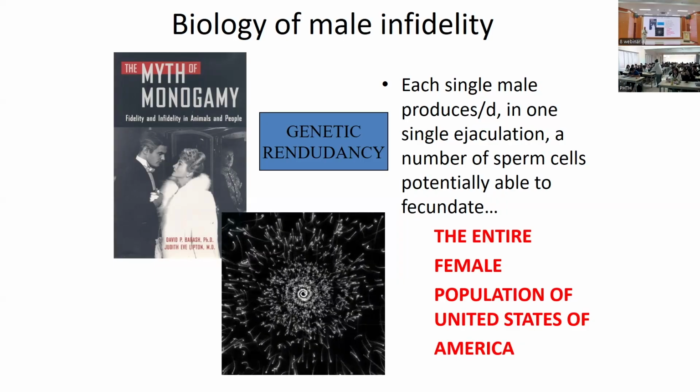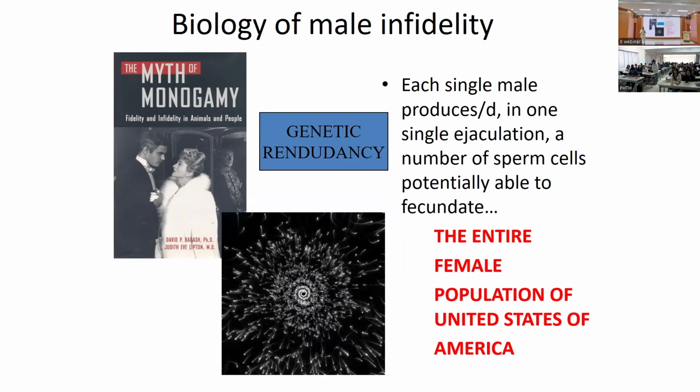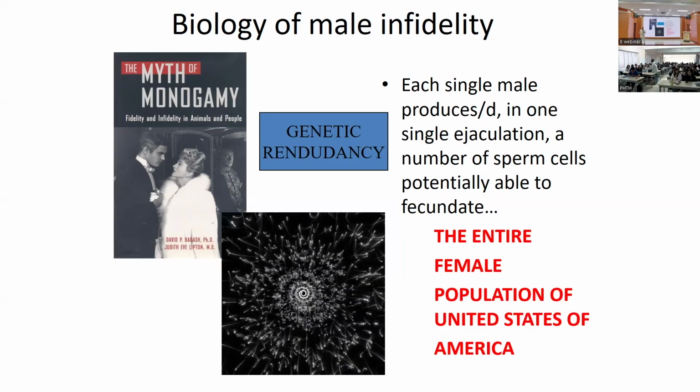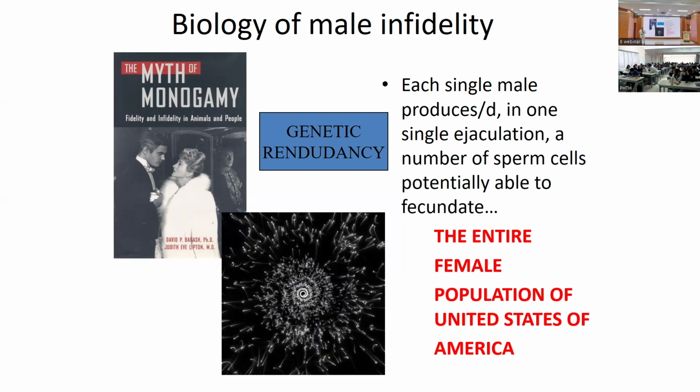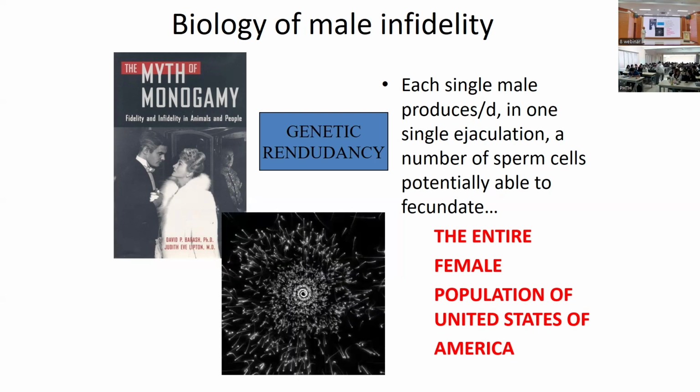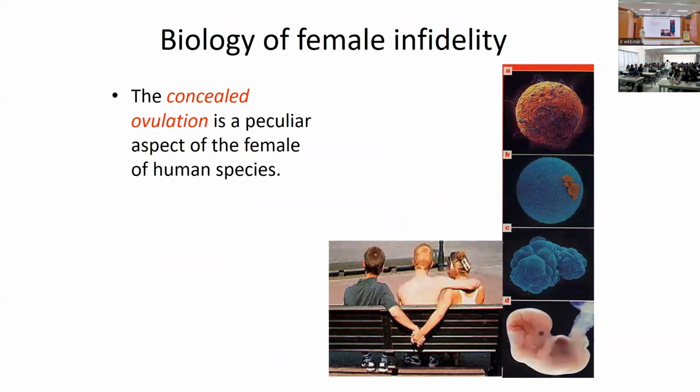I'm just trying to understand which are the biological aspects of the pressure on the male not to be faithful. So this is quite clear. But what about female? Do you think that the male are more monogamous than female, or female are more monogamous than male? Who is more monogamous? What do you think? You think the female are more monogamous?